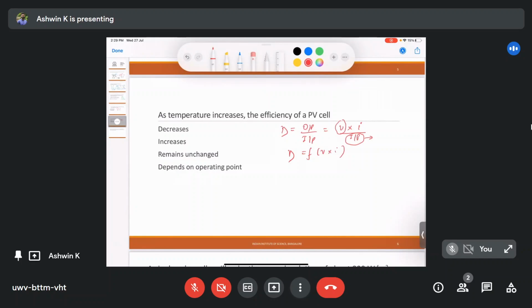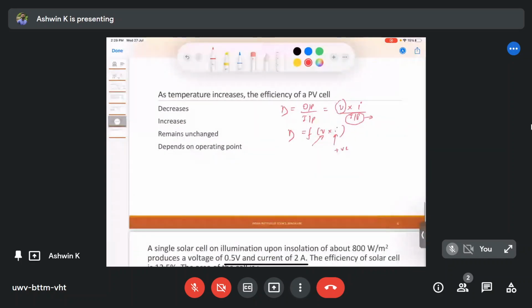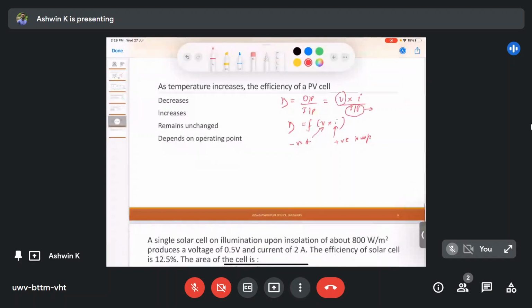Current has a positive temperature coefficient, and voltage has a negative temperature coefficient. Temperature coefficient means the behavior of these parameters with respect to temperature. For voltage, as temperature increases, voltage decreases. Similarly, for current, as temperature increases, current increases.